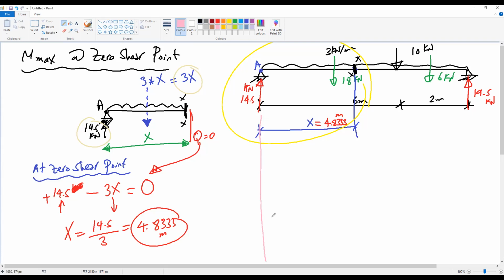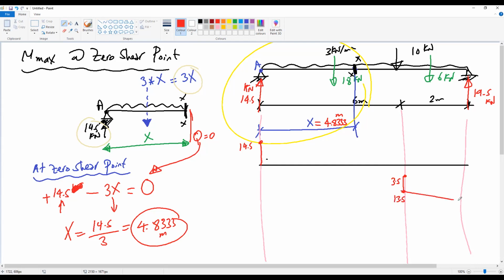If we go back to the drawing of our shear, I will draw quickly here. This was our guideline, and this was our shear force diagram. So this was 14.5, here 3.5, 13.5, 19.5.